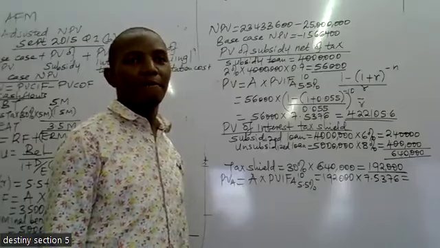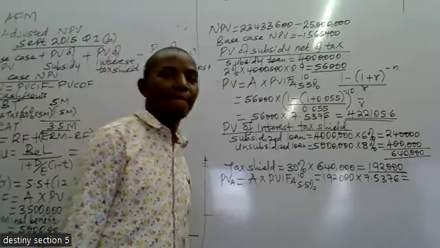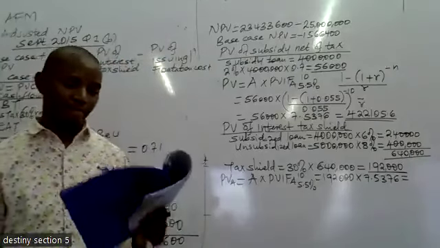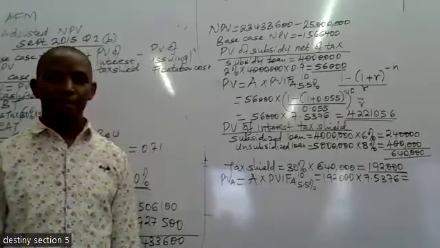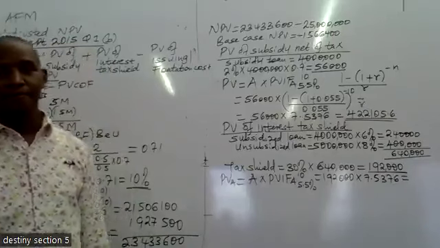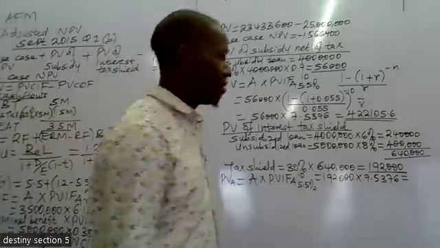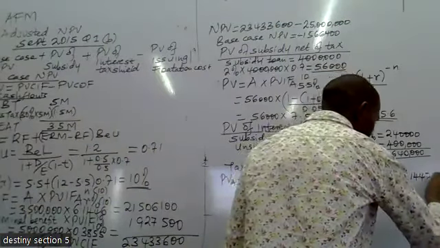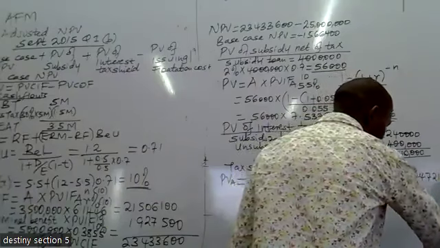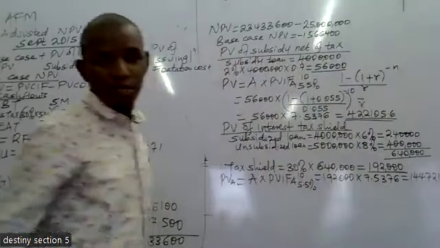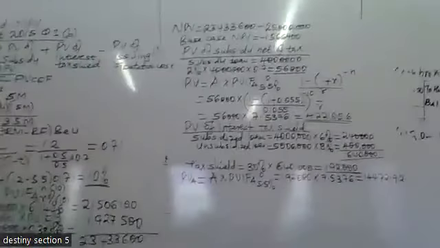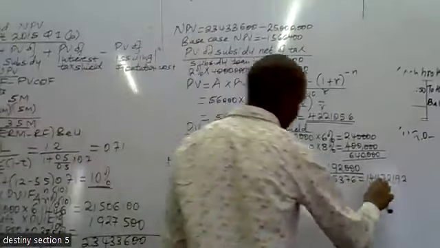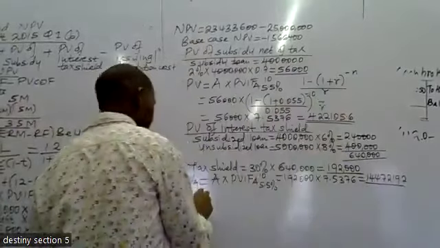How much is it giving you? 1447.19.2, right?